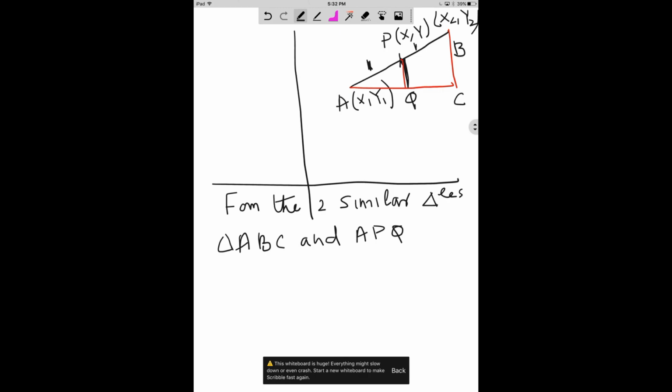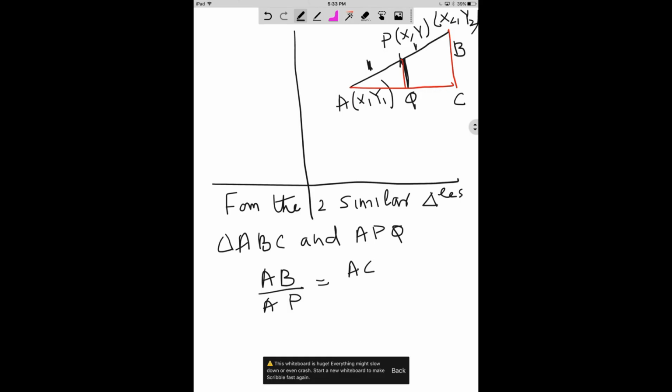Here the longest distance AB, the biggest triangle, the ratio of the corresponding sides are equal.